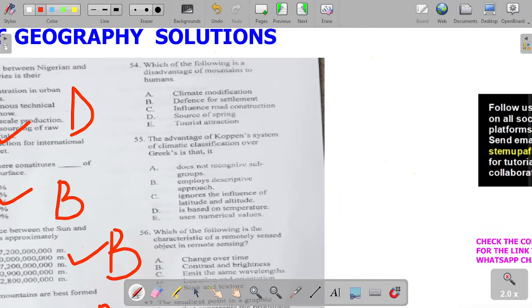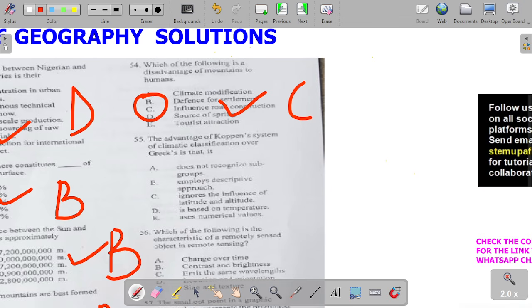Which of the following is a disadvantage of mountains to humans? Climate modification, defense for settlement, influence on road construction, source of spring, tourism attraction. The answer should be C.